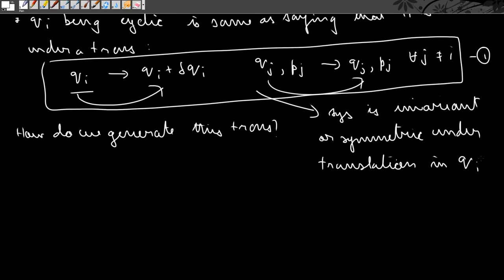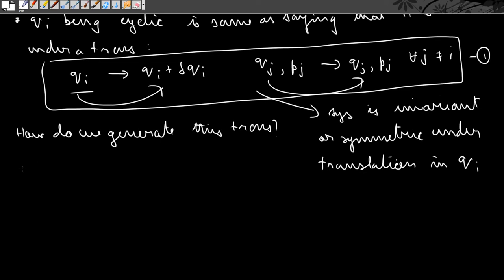When we say the system is invariant or the Hamiltonian doesn't change, it is the same as saying that the mechanical behavior of the system does not change. So the system must be symmetric under this transformation. And what is this transformation? This is nothing but a translation along the coordinate qi.